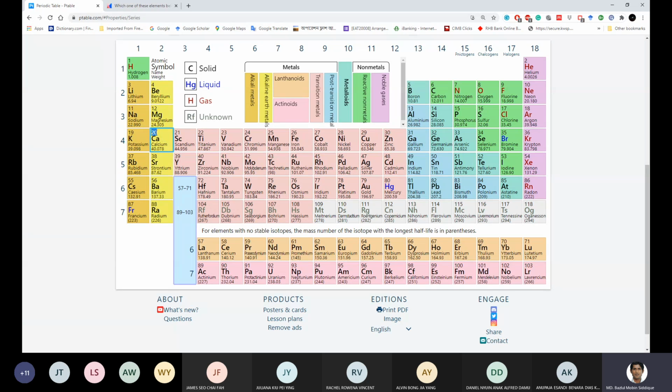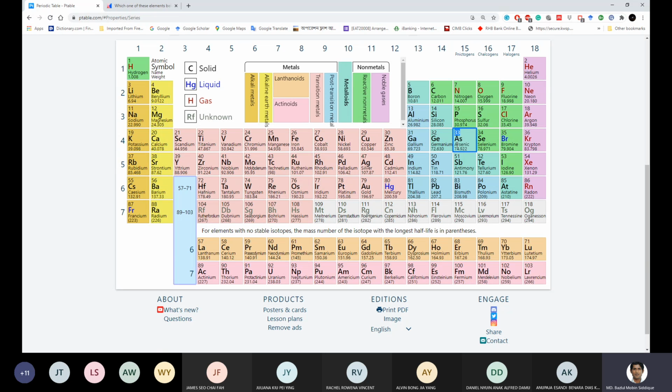That means it has 20 electrons as well. Cobalt has 27, and arsenic is 33. So when it's arsenic with 33, that means it has more electrons around it.